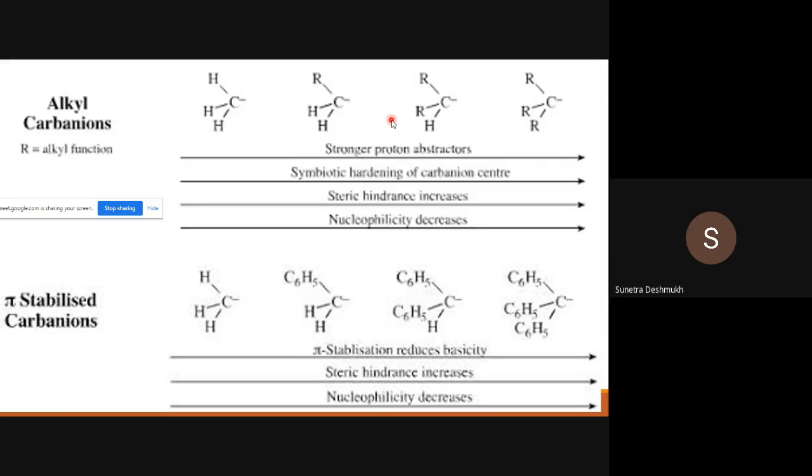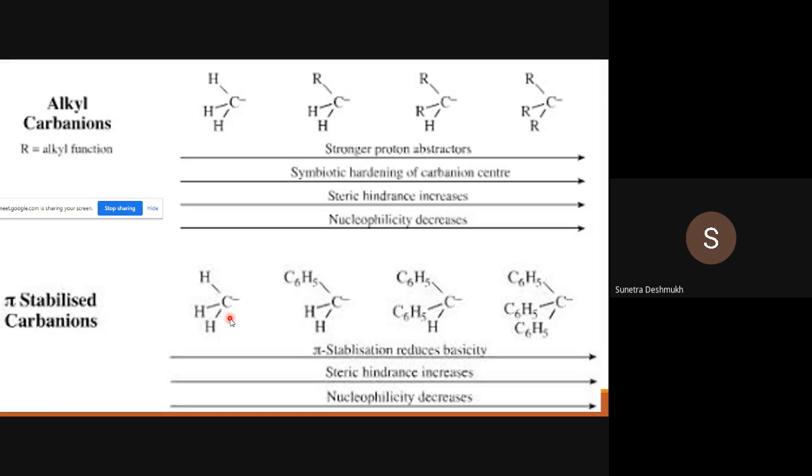We will go on increasing the phenyl rings, one, two, three, and we will see how the basicity and nucleophilicity behave. Very simple: nucleophilicity and basicity are opposite to each other. As we increase basicity, obviously the nucleophilicity will decrease, and if we increase the nucleophilicity, obviously the basicity will decrease.